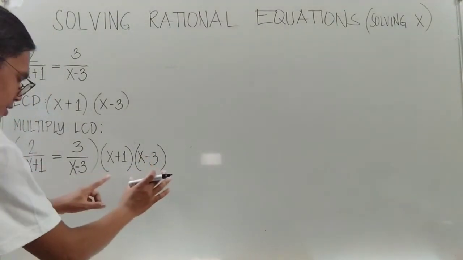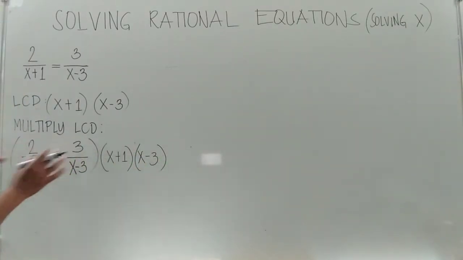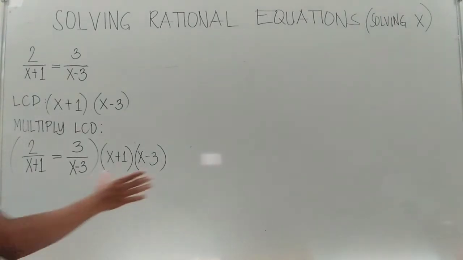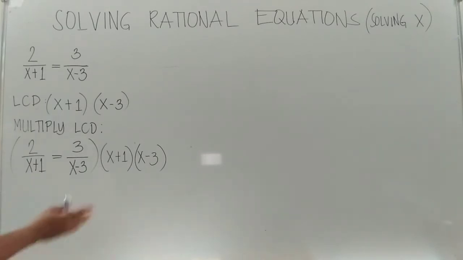The most basic step is to distribute these two quantities to each numerator, and after we distribute by multiplication, we divide by your denominator. But I will give you the easy way: we will not multiply directly, we will divide first.